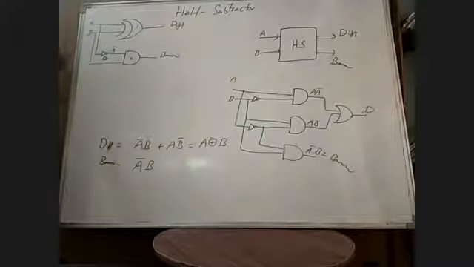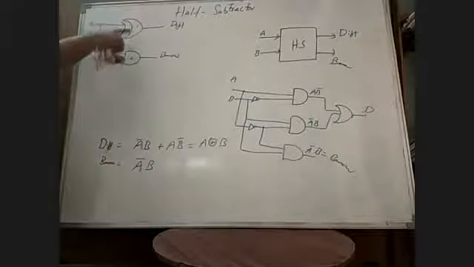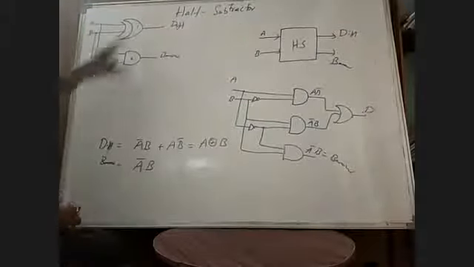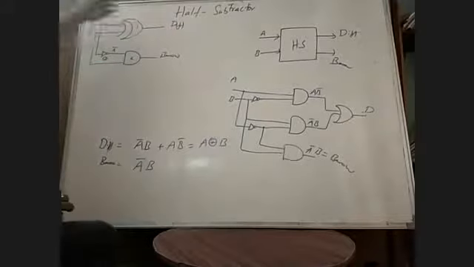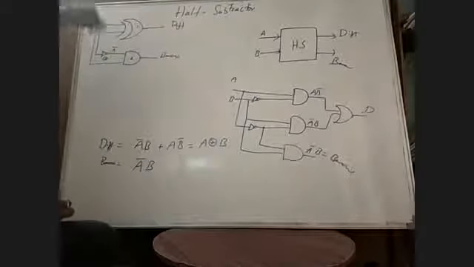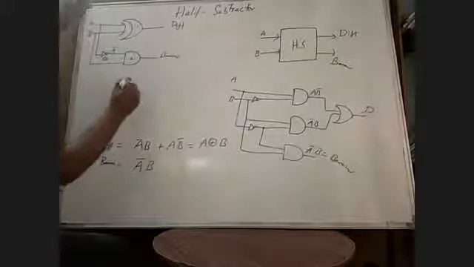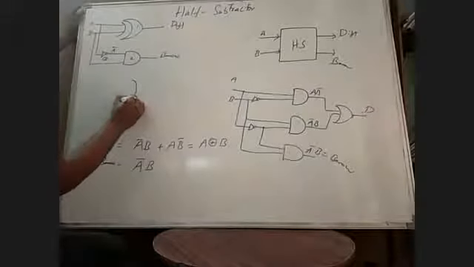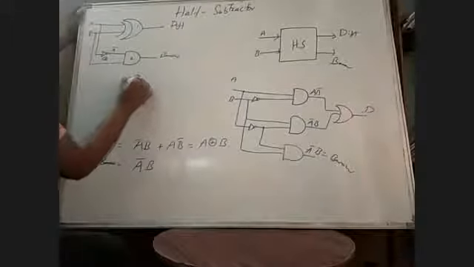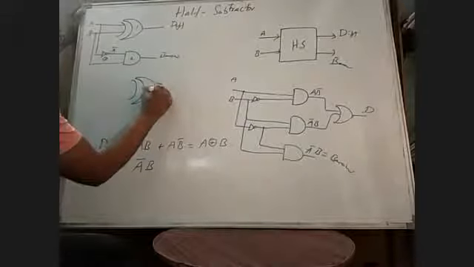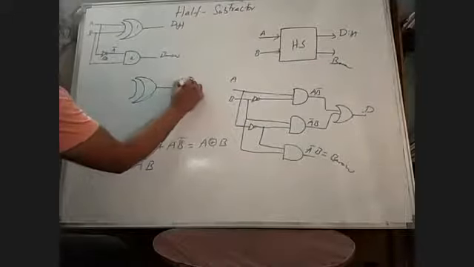We can realize the same circuit using only one XOR gate and one AND gate. See now, the same expression, no doubt. Here it is taking the 3 gates, one inverter, one XOR gate, and one AND gate. I am realizing the same circuit with one XOR gate and one AND gate. Okay, this is the XOR gate for difference.